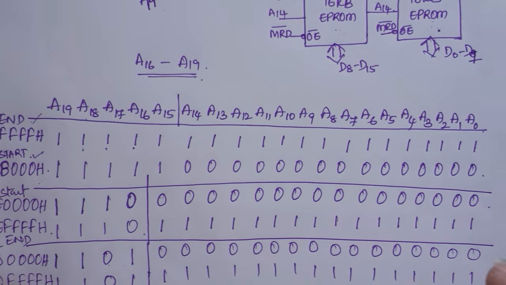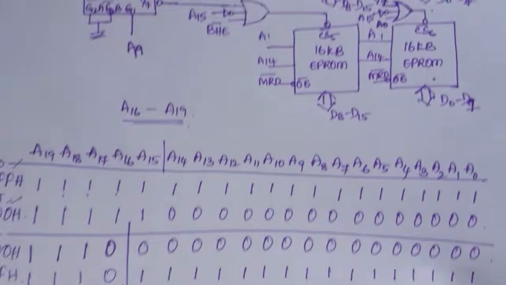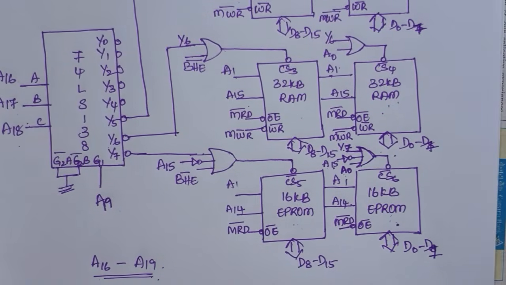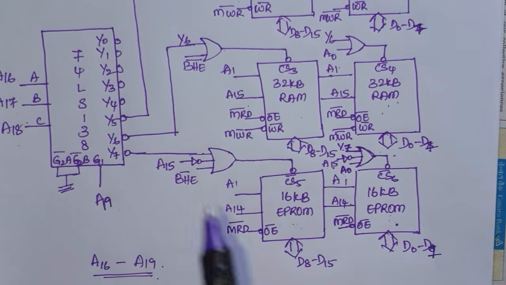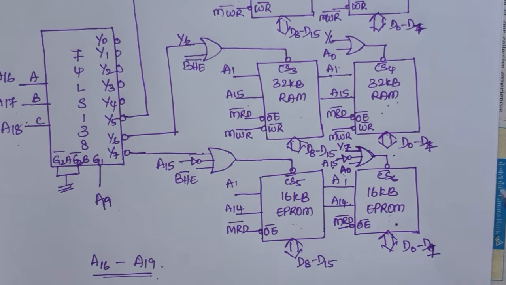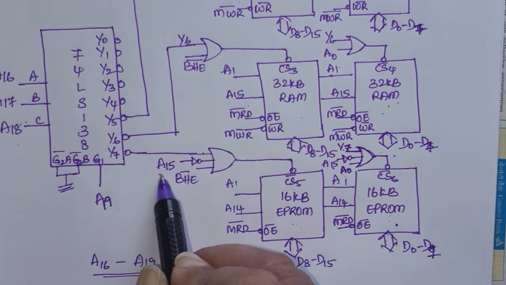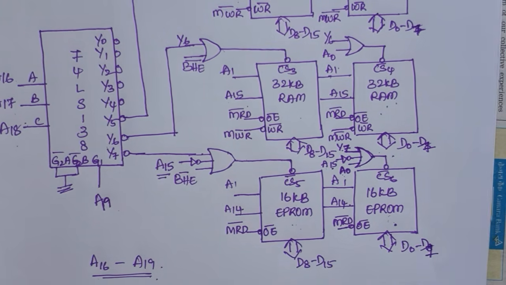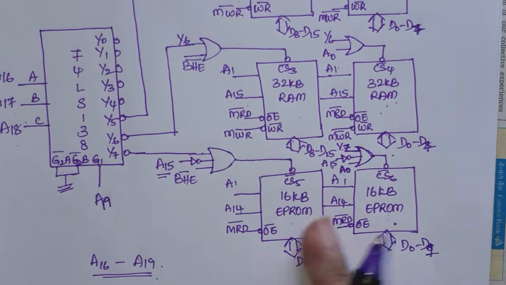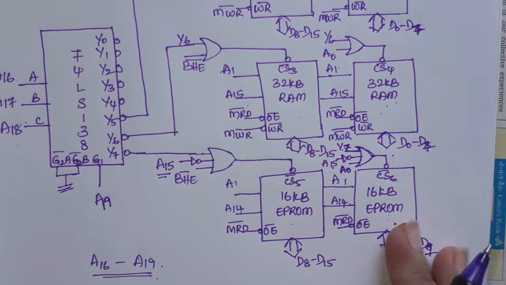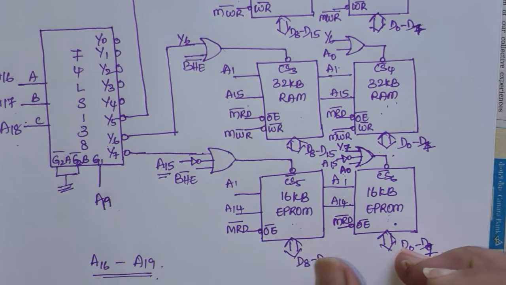So this is how we can do the interfacing when different capacity chips are to be connected. So here you see carefully how A15 is used in selecting this 16 KB EEPROM chips, this EEPROM.